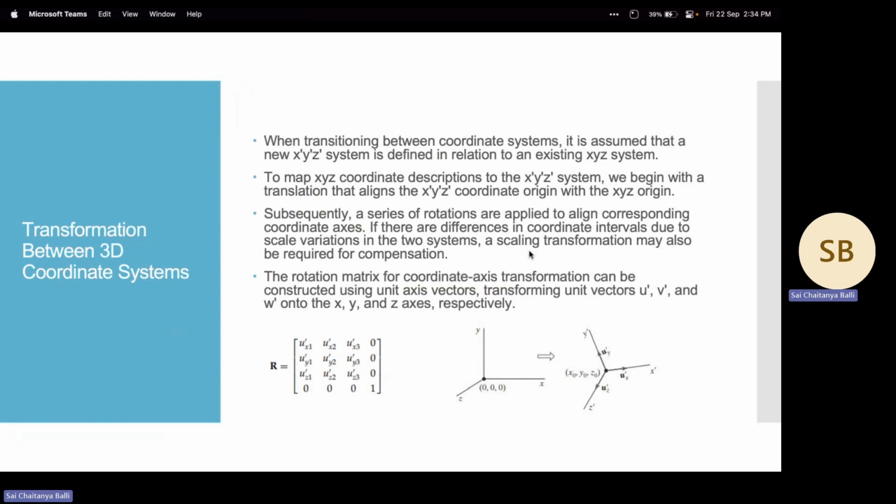The rotation for coordinate axis transformation can be constructed using unit axis vectors, transforming unit vectors u dash, v dash, and w dash on xyz axes respectively.